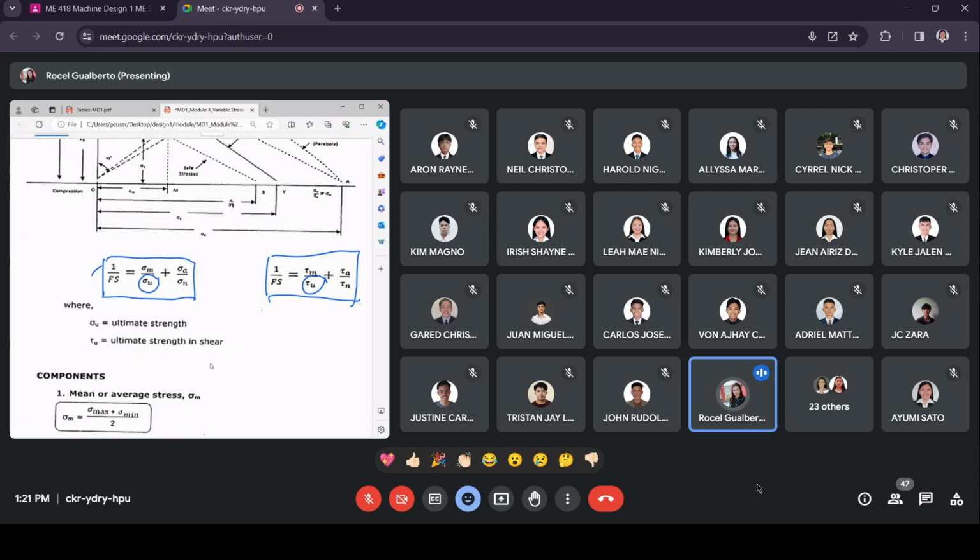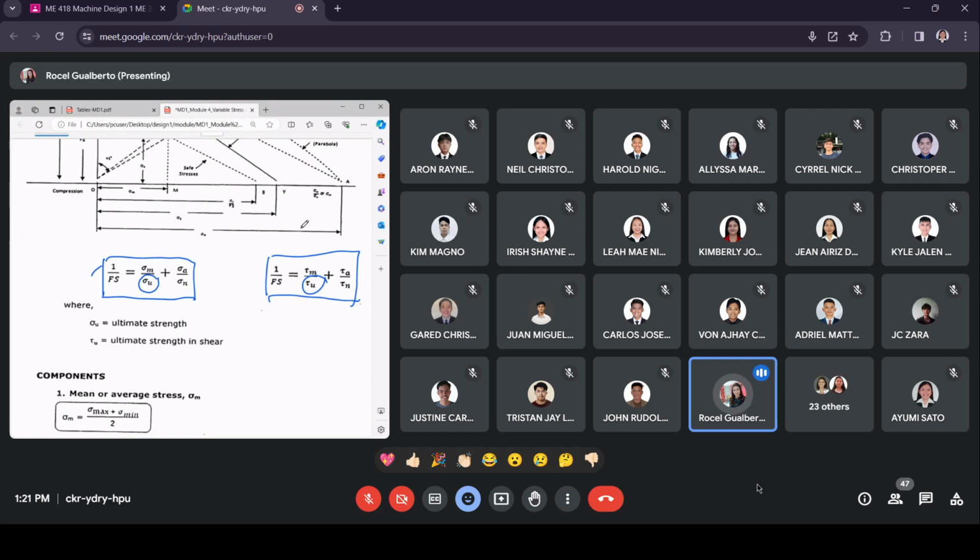If you compare the Soderberg and the Goodman equation, the equation is the same. The only difference is this sigma u and tau u in the case of Goodman, while in the case of Soderberg, this is sigma y and this is tau y.